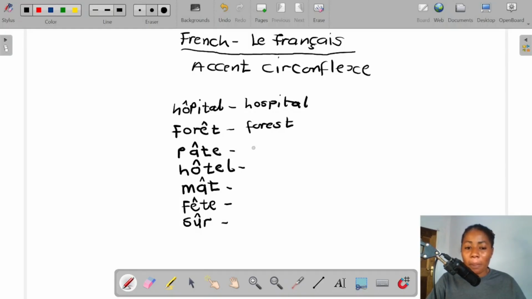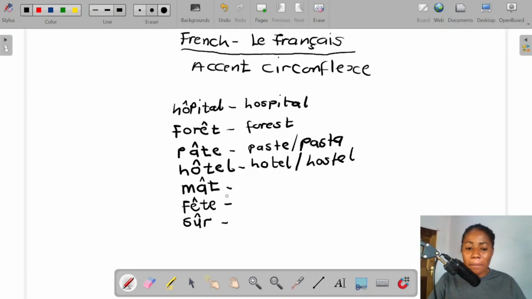We have pâte, which is what? Paste in French, or pasta. We have hôtel, which is hotel or hostel in English, sorry.